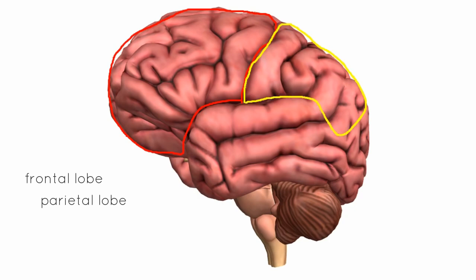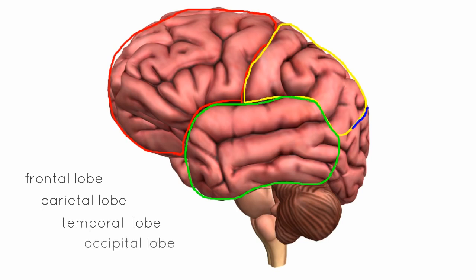And this is called the parietal lobe because it lies under the parietal bone. And inferior to the lateral sulcus, which I'm drawing on in green, we've got the temporal lobe. So I'm just outlining the temporal lobe here, and it runs like that. And right at the back we've got this lobe here, called the occipital lobe, which I've just outlined in blue.